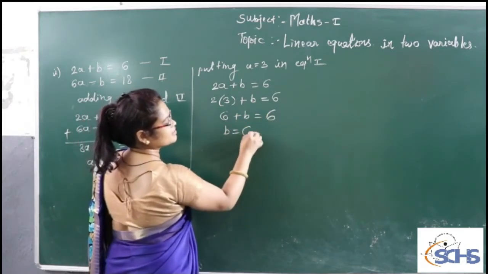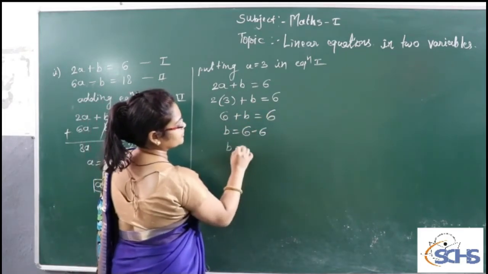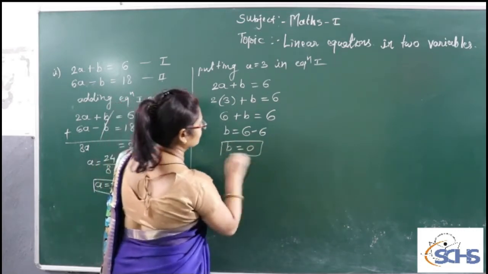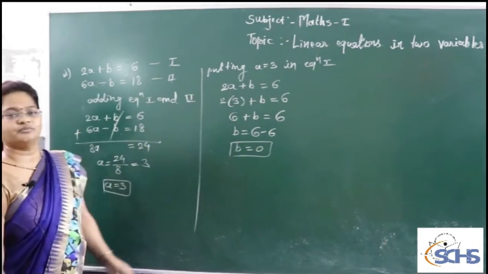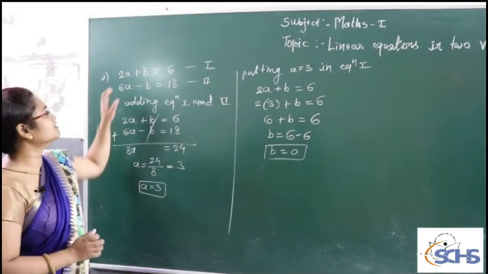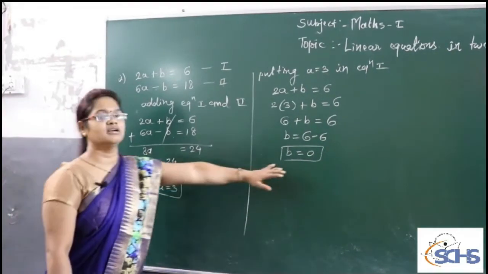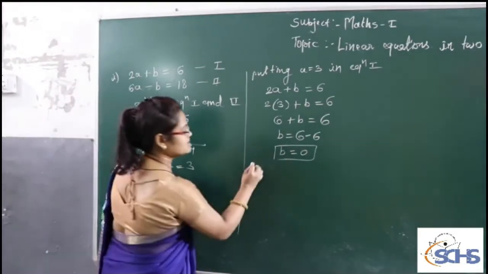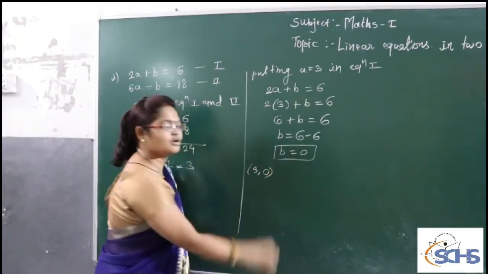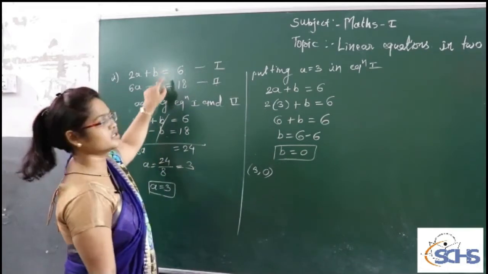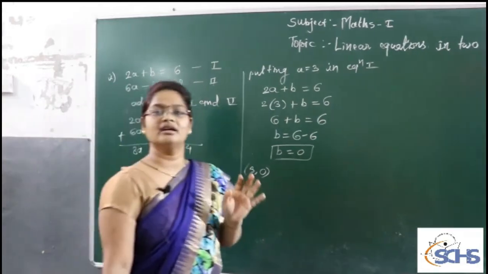So b equals 6 minus 6. Therefore we get b equals 0. So the solution of the simultaneous equations is 3 and 0, and we write the answer as 3, 0 are the solutions of these two simultaneous equations.